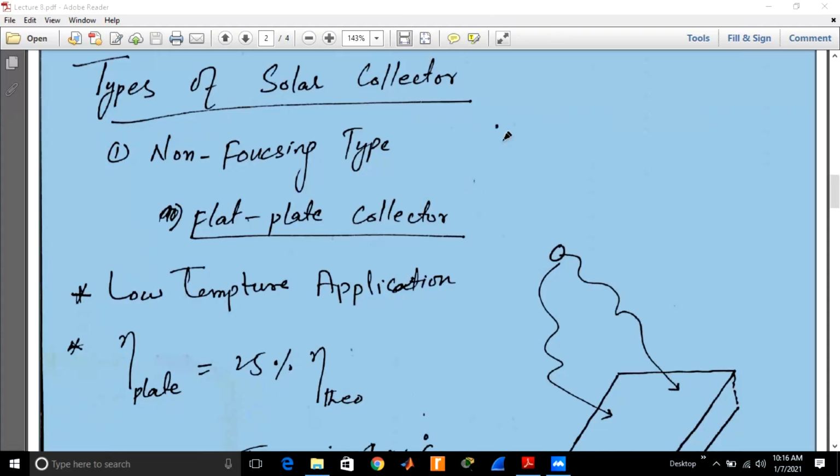Collectors are either non-focusing or focusing.